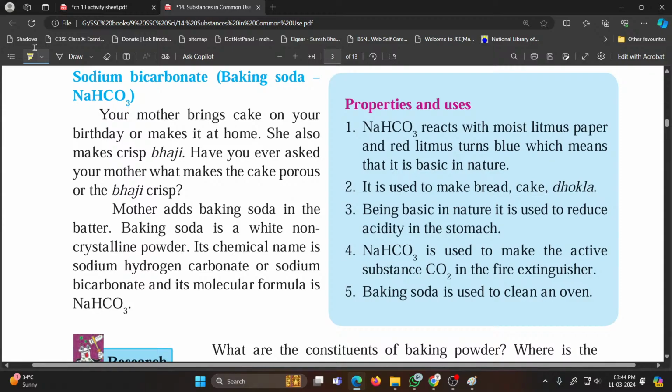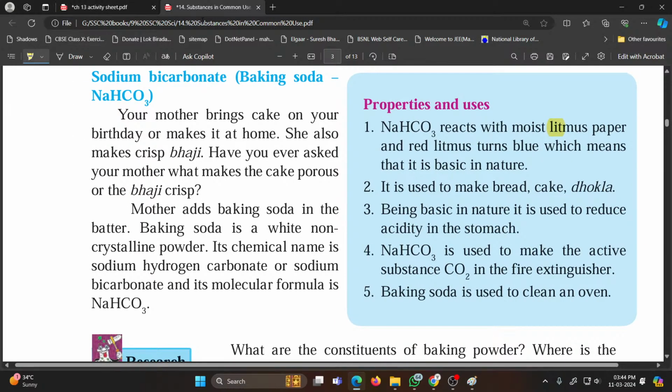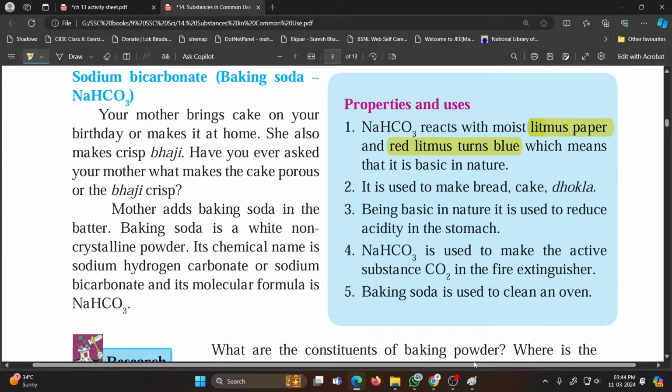Sodium bicarbonate reacts with moist litmus paper and red litmus turns blue, and this is because sodium bicarbonate, as we have said before, is a salt of strong base NaOH and a weak acid carbonic acid, hence it's basic in nature, and being basic, it turns red litmus blue.